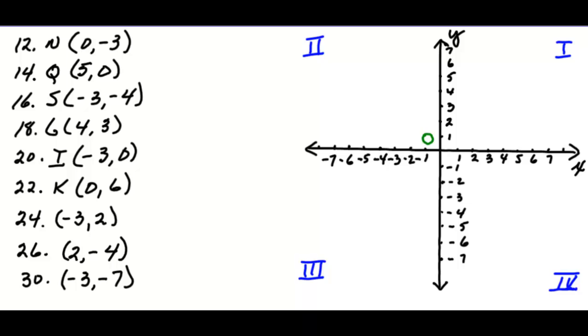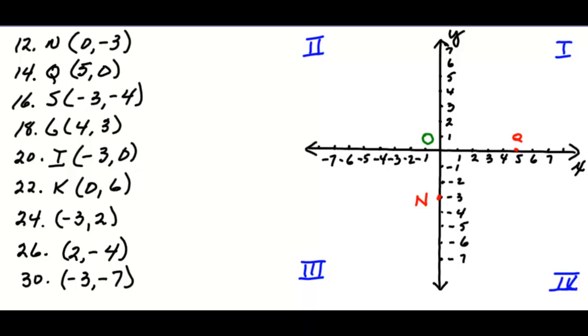And now it says -3, so what we do is we go down from the origin to -3, and that's our point, and that is point N. In 14, Q is (5, 0). Well, now we can go along the x-axis, and since it's a positive 5, we're going to the right. Once we get to that 5, the y-axis says we're not going anywhere, so it's right there. We don't go up or down, and this is Q.